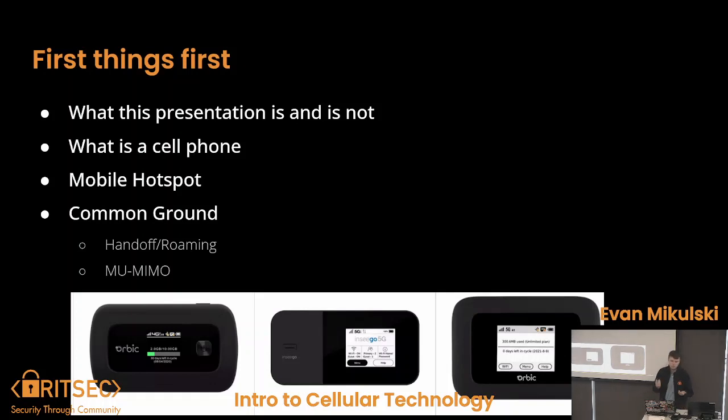Next is MU-MIMO, or multiple user multi-input, multi-output. This is a concept where I forget what the RF term is, but it just abuses an RF effect to increase throughput on devices.